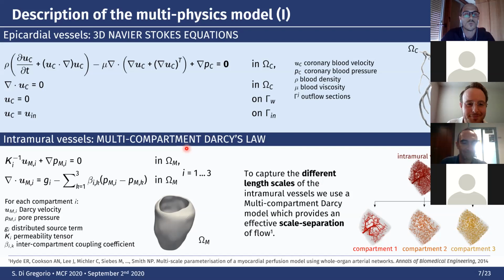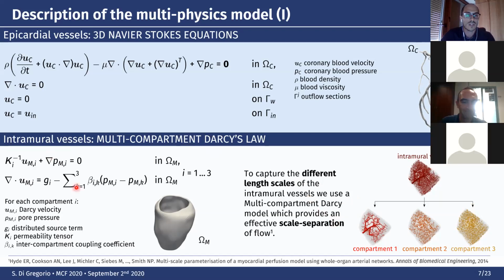In particular, we have a Darcy problem for each compartment, and each compartment is characterized by its own permeability tensor, and the compartments are coupled with a coefficient beta_ik that is the intercompartment conductance between the compartment i and the compartment k, and we choose to have 3 compartments.